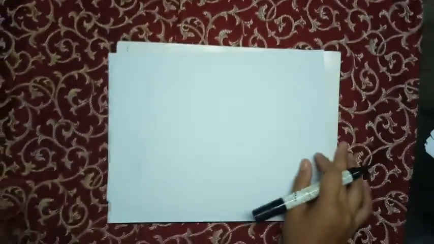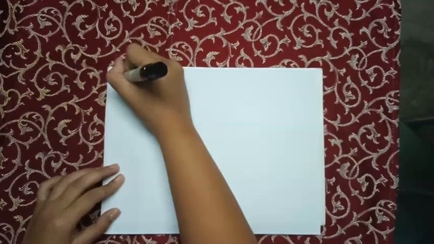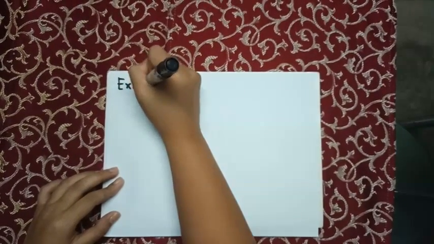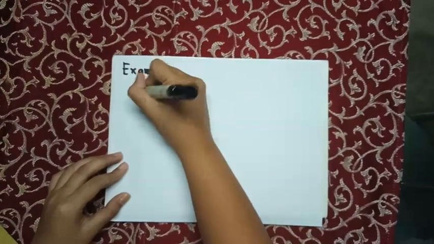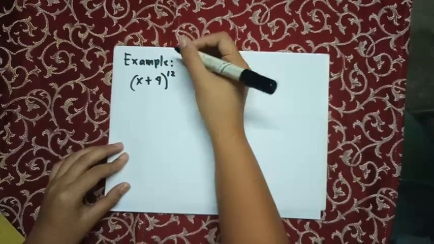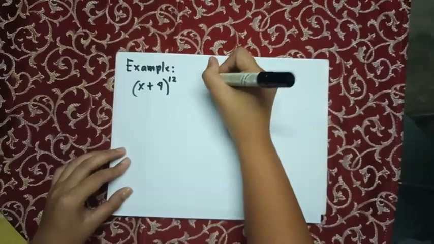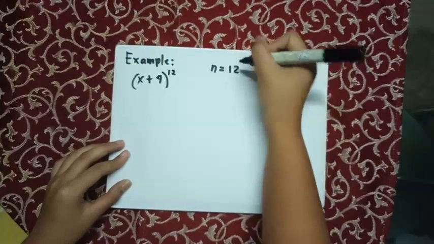So next, let's have an example. Our given is x plus 4 quantity raised to 12, where n is equal to 12 and k is equal to 0 to 12.